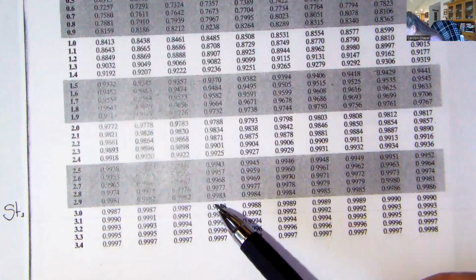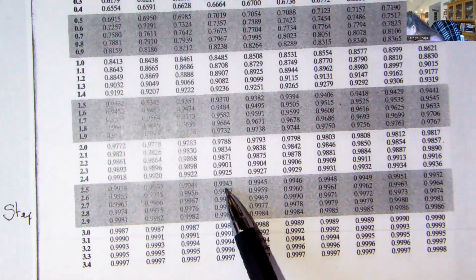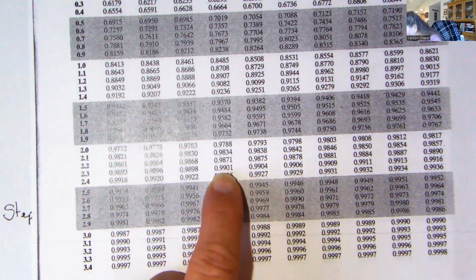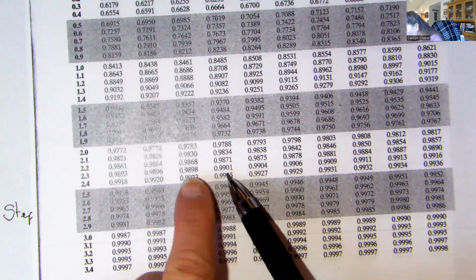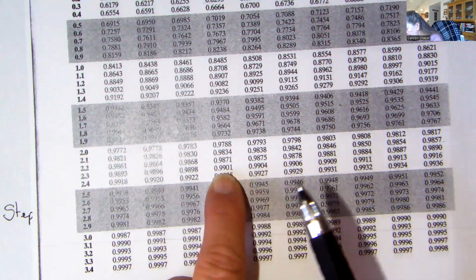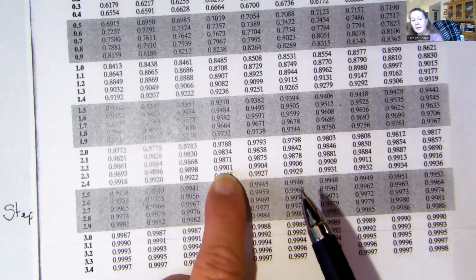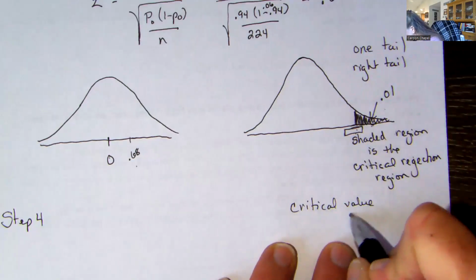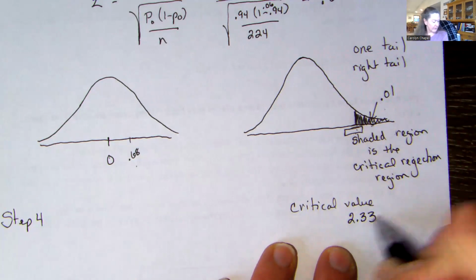All right, we're looking for 0.99. Well, here's my 0.9901. So this one's probably pretty close. So my 2.33. So my critical value is 2.33.